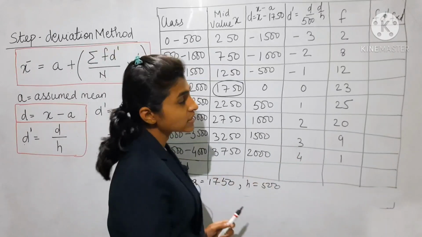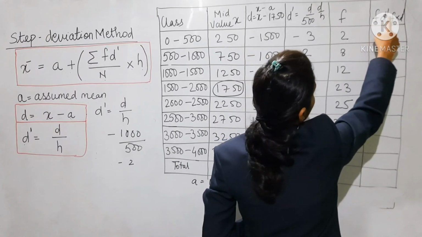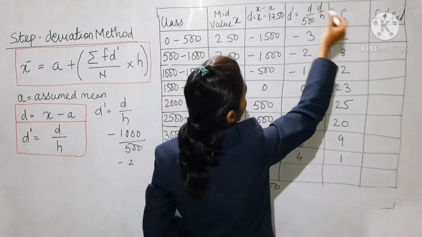Now the last column is remaining, that is F multiplied by D dash, frequency multiplied by D dash.